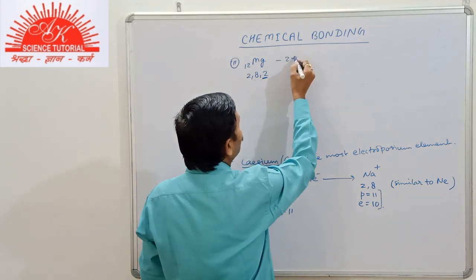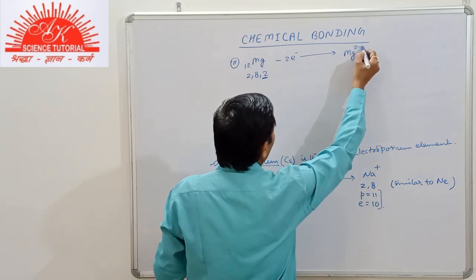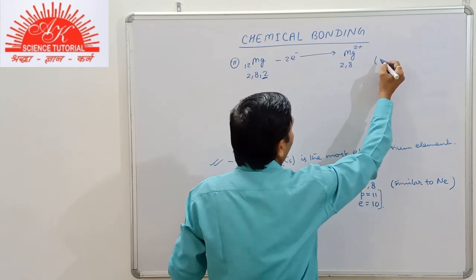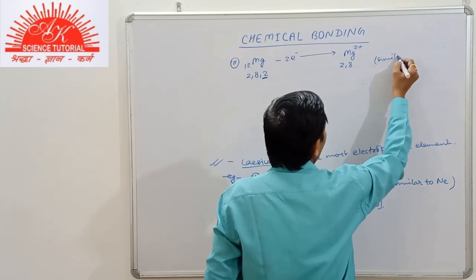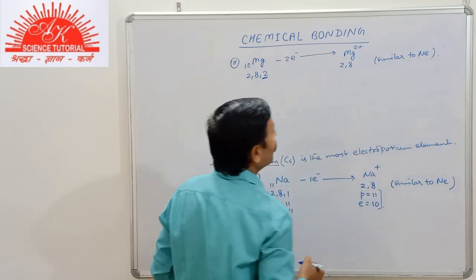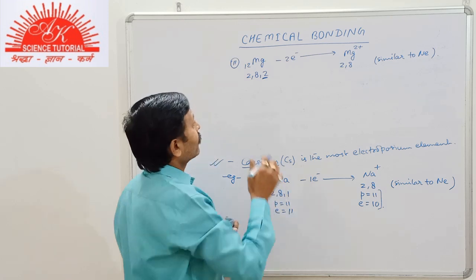So it loses 2 electrons and forms Mg2 plus, having configuration of 2,8, that is similar to the nearest inert gas neon, which has atomic number 10.